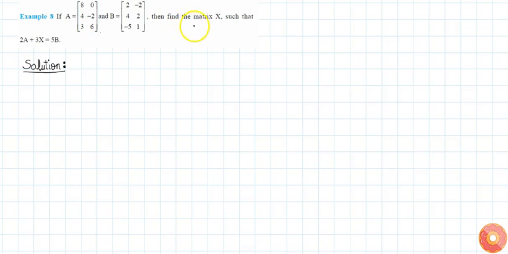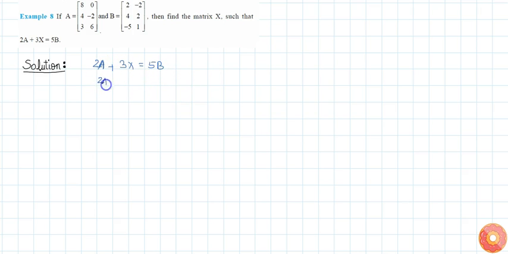Okay, now we have to find the matrix X such that 2A plus 3X is equal to 5B. So now what I'm going to do is add minus 2A to both sides.